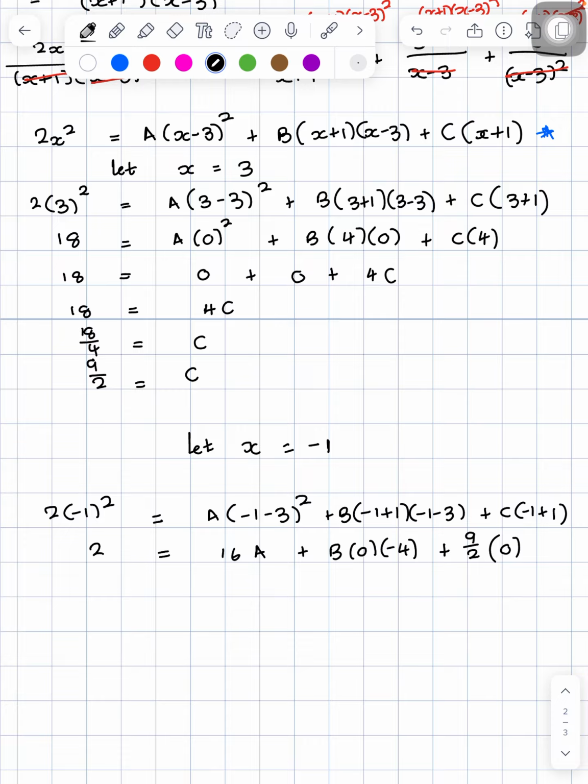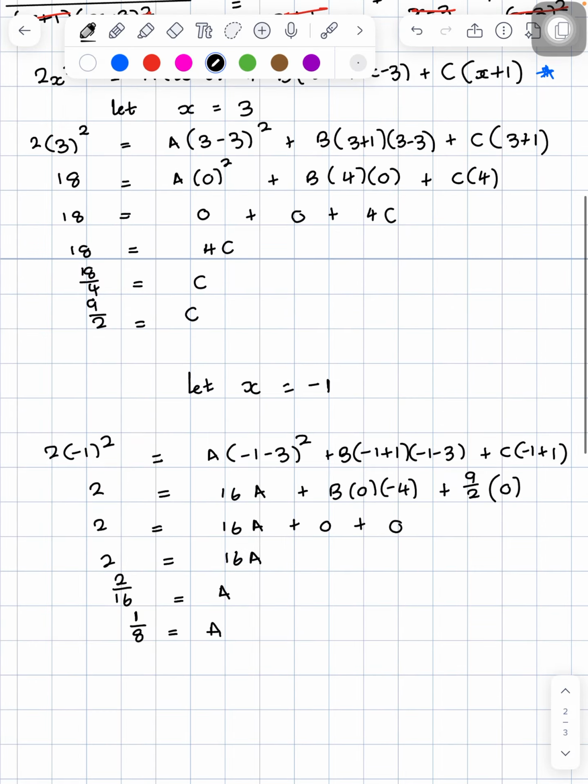Okay. So this is what we have with 16a plus 0 plus 0, which is 2. So 16a is giving us 2, making our a 2 over 16, of which what is 2 over 16? 2 over 16 is 1 over 8, which is the lowest term, remember.